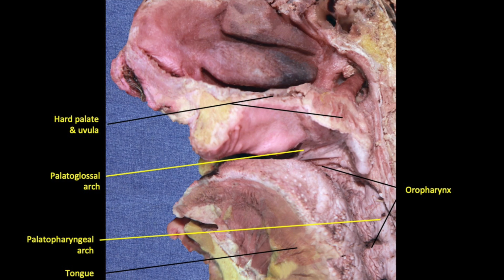The arches appear sunken in the cadaver, but are truly quite prominent in the living and easy to see. And in between the two arches is the tonsillar bed. Palatine tonsils involute during teen years and are rarely if ever present in cadavers.